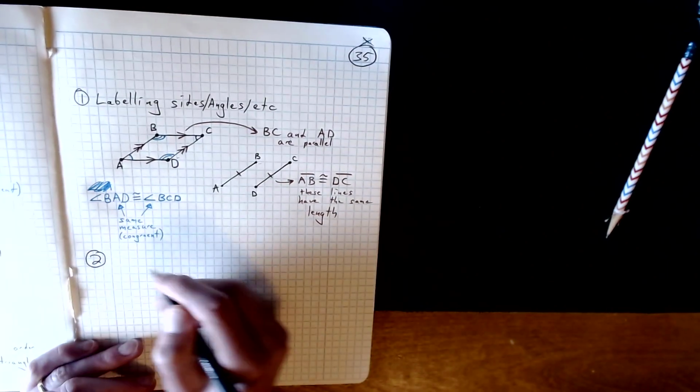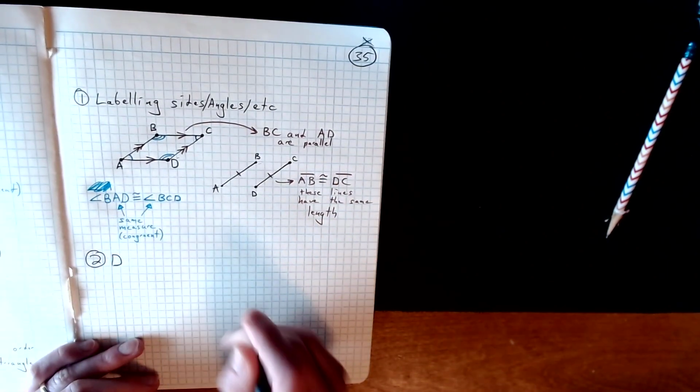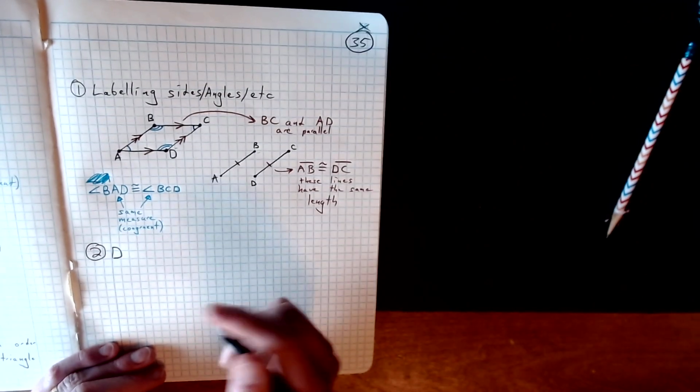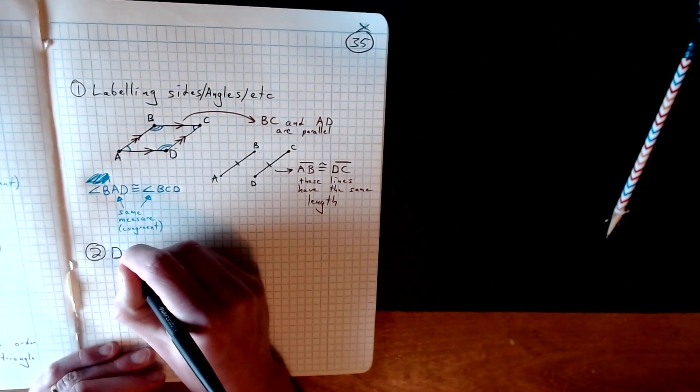Alright, on to part 2, which is also kind of a lesson in one, but I'm throwing you the parts that I think are not going to take that long.